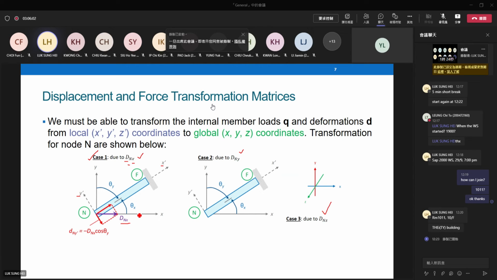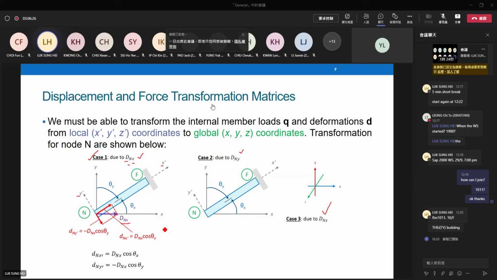One is cosine, one is sine, one is cosine theta y, one is cosine theta x. They are the direction cosines, some positive, some negative. These two equations help you transform from global to local system.